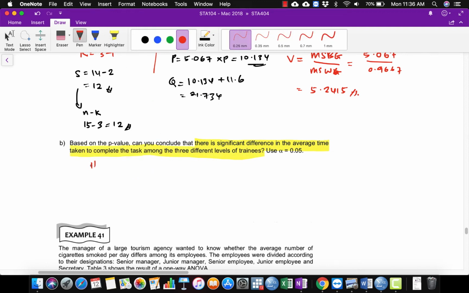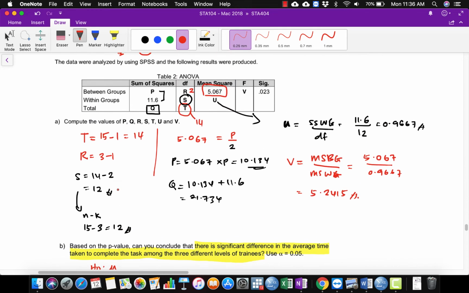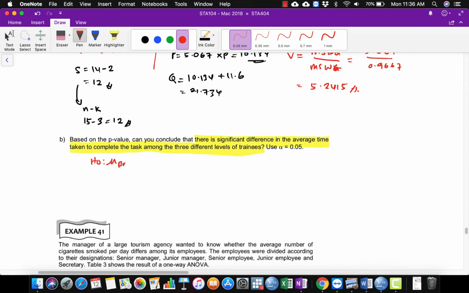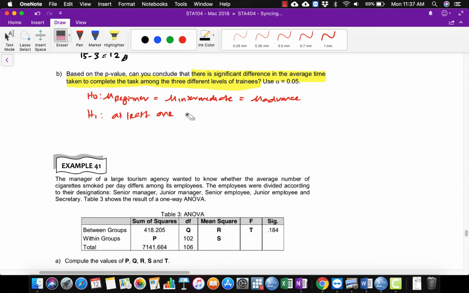So the null hypothesis here is mu for beginner is equal to mu for intermediate is also equal to mu for advanced. The alternative hypothesis, at least one group is different, right?